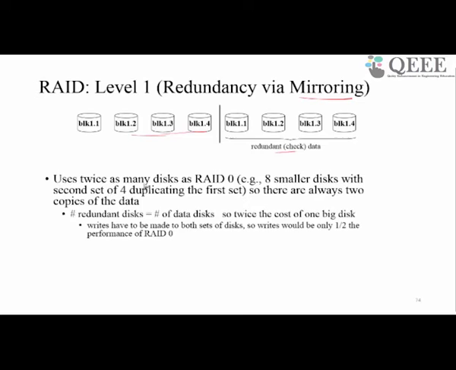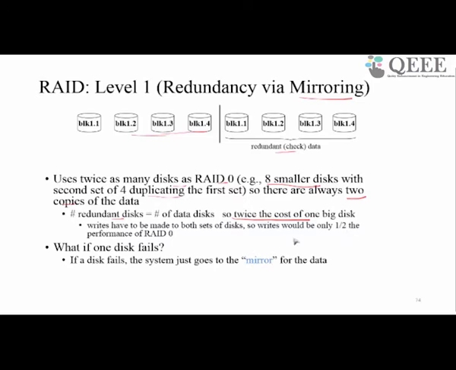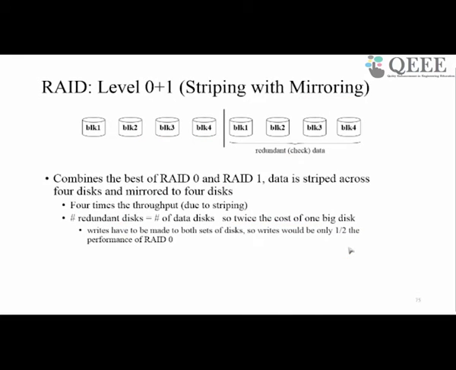It uses twice as many disks as RAID 0, that is 8 smaller disks, 4 plus a duplicate 4. So there are always 2 copies, called redundant disks. The cost is twice, but if one of them fails, you have the other one which can be used. If one disk fails, the system can just go to the mirror and consume the data.